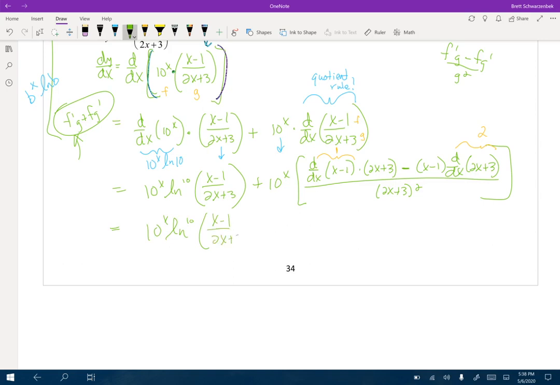We can leave this 10^x here and then just do our final step. 1 times 2x + 3 is just 2x + 3. (x - 1) times 2, we usually put the 2 in the front just because we don't write it the other way, right? I mean, that looks terrible. People are going to be like, wait, is that an exponent? Right? So don't do that. So get that, and that's over (2x + 3) squared.